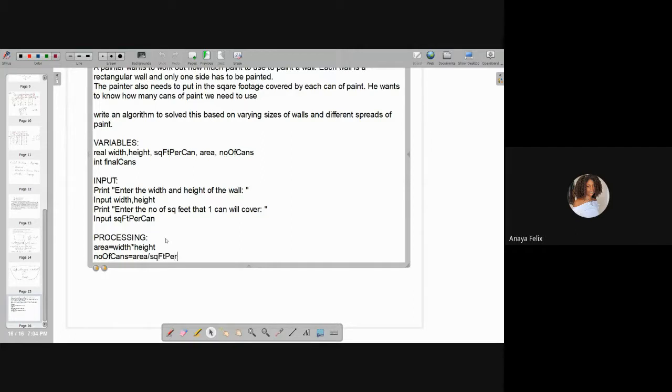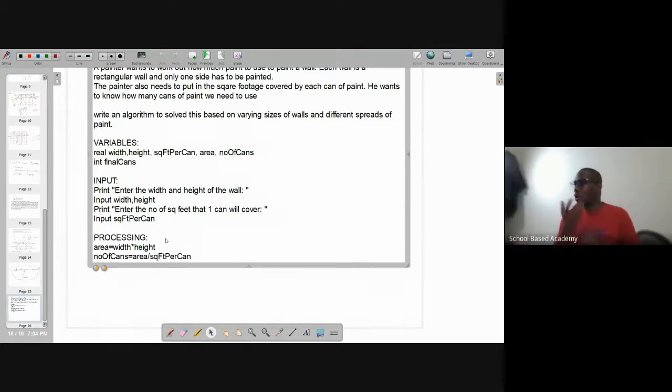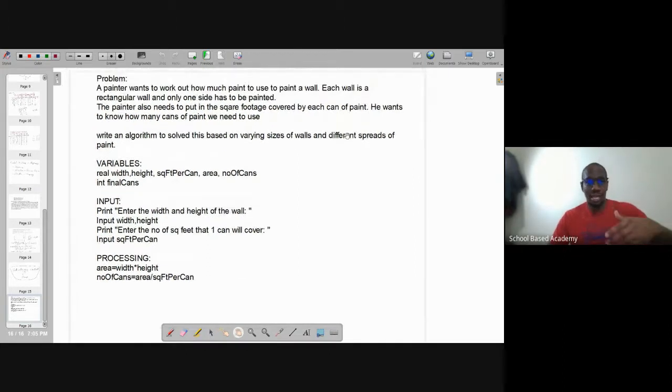And yes, I saw Omar ask a question that says, could we make the paint kind of constant? We could, but that was not what was specified in the questions. In the question specification, it says that we are making it so that the painter could put in the square footage.